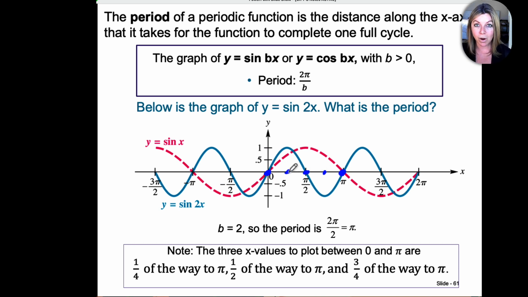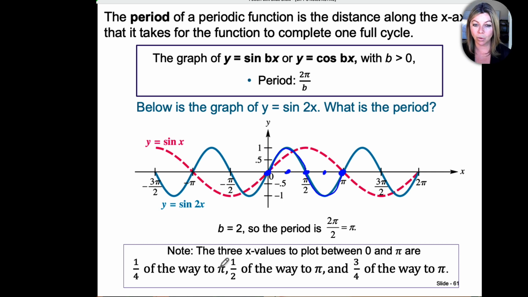At the first point, we should reach our maximum. At the second point, we should be back to where we started, the origin, non-translated at this point. Next, 3/4 of the way through, we're at our minimum, and then the 5th point brings us back to the x-axis.